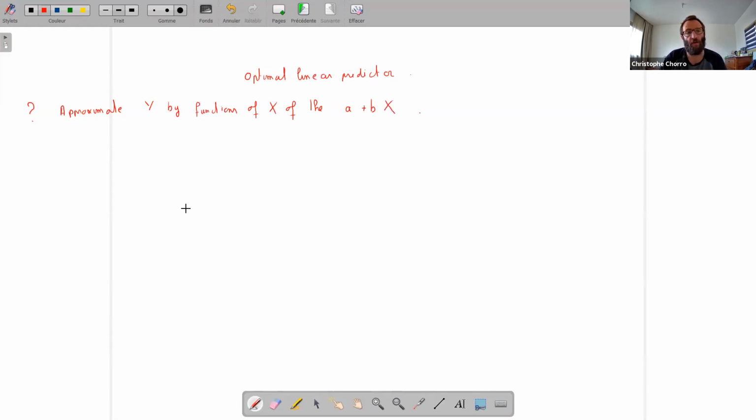Okay, so I want to approximate y as well as I can by a function of x of the form a plus bx.